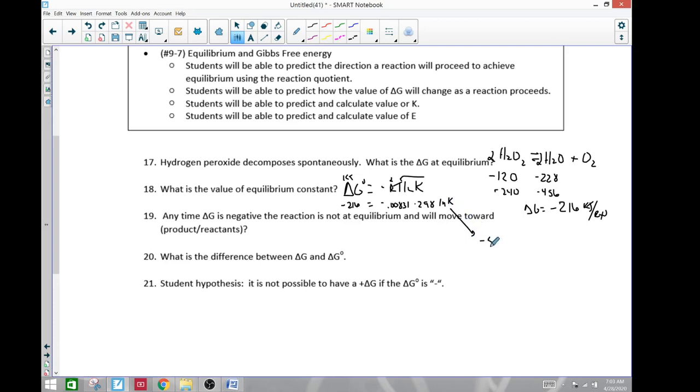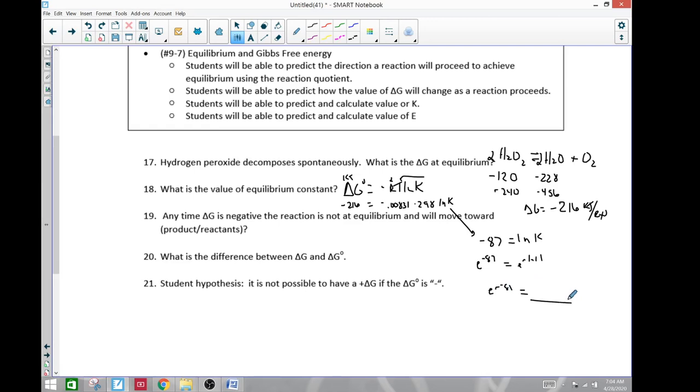So negative 87 equals the natural log of K. Raising both sides as powers of e, e to the natural log of K equals e to the negative 87th, which equals my K value.